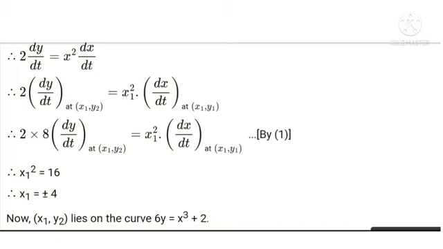So 2 into 8 dy by dt at (x1, y1) is equal to x1 square into dx by dt at (x1, y1). So you find x1 square is equal to 16, x1 is equal to plus or minus 4.